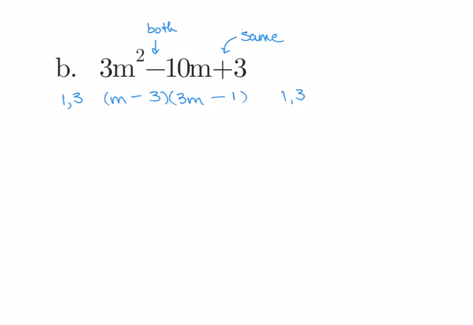If we multiply our firsts, m times 3m, we get 3m squared. Outsides, m times -1 is -m. Insides, -3 times 3m is -9m. And last, -3 times -1 is +3. This does combine to -10m, so we are good.